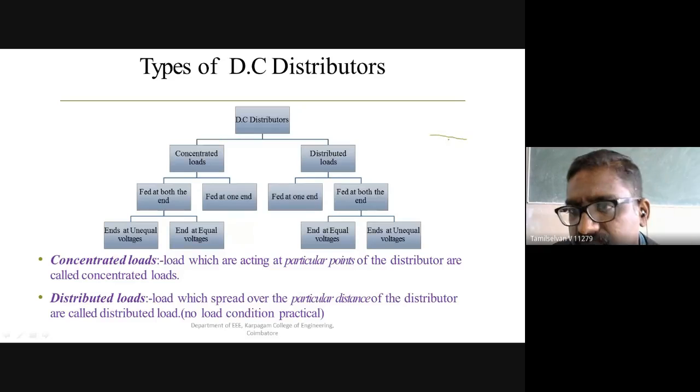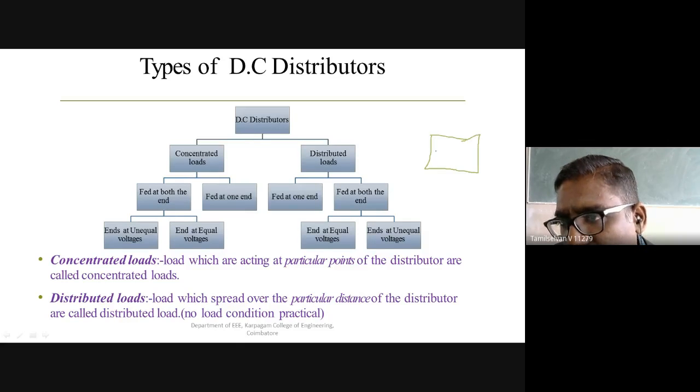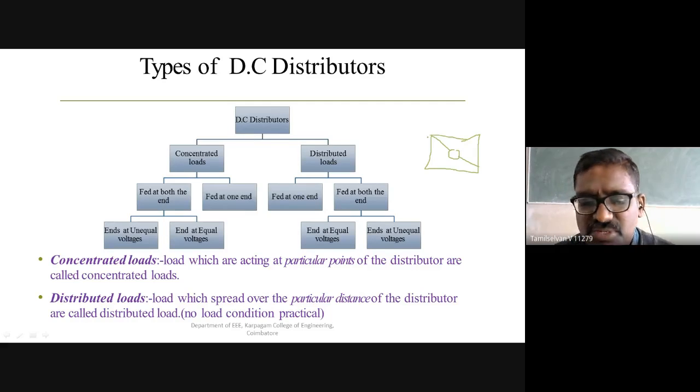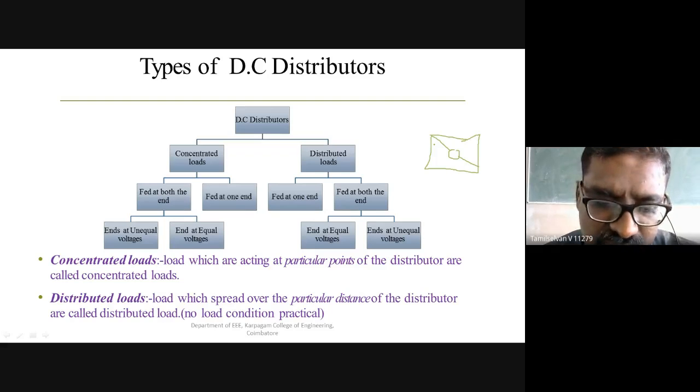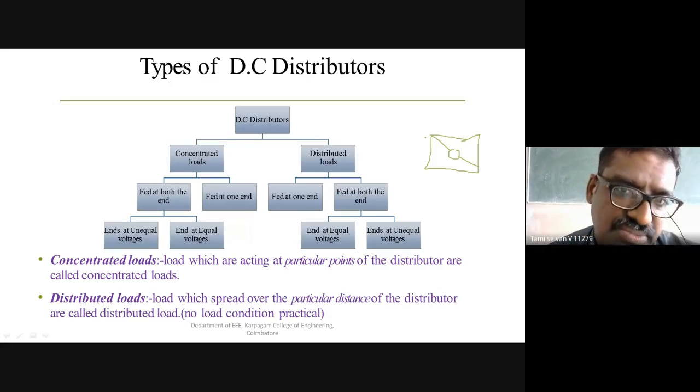There we have drawn the distribution system, where the feeders are there and then the distributors are connected. So in the distribution system we have the feeder, distributor, and service main. That is very, very important. The design of a good distribution system depends on these three things.